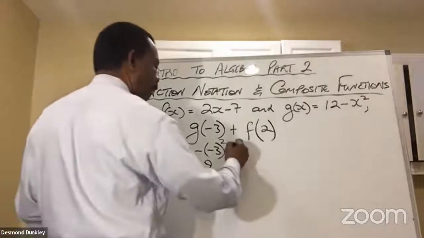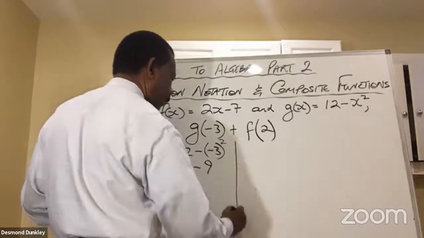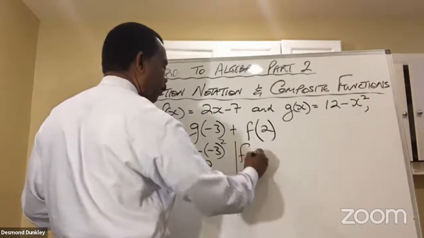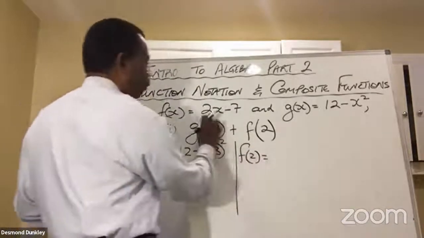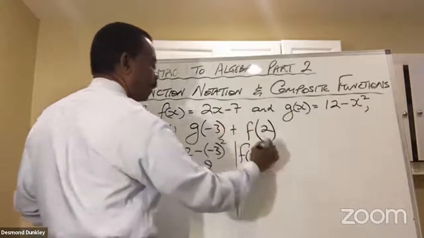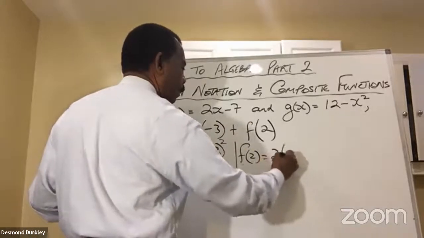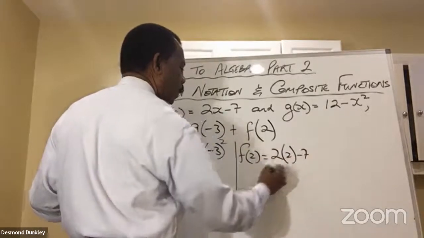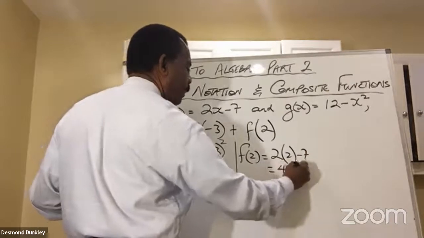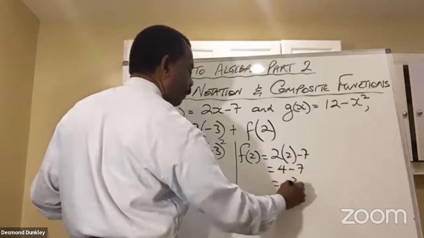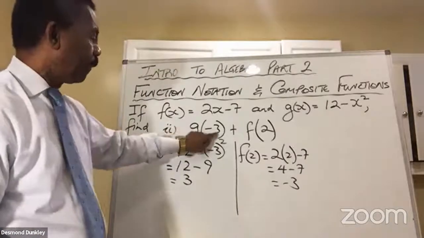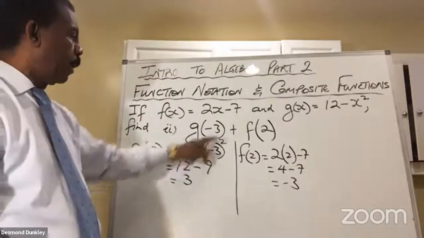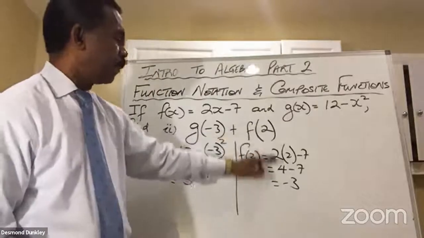So what about F of 2? F of 2 is going to be equal to 2 times 2 minus 7. So that's equal to 4 minus 7 equal to -3. And what did they ask us to do? They asked us to find G of -3, which is this, plus F of 2, which is that.